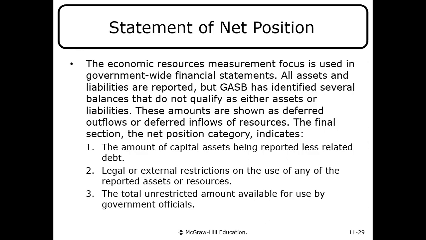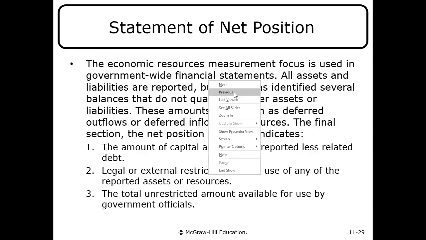The final section where we're used to seeing equity is instead reported as the net position category. It indicates the amount of capital assets being reported less liabilities. Legal or external restrictions on the use of any of the reported assets or resources are identified, and any unrestricted amount available for use by government officials is identified.